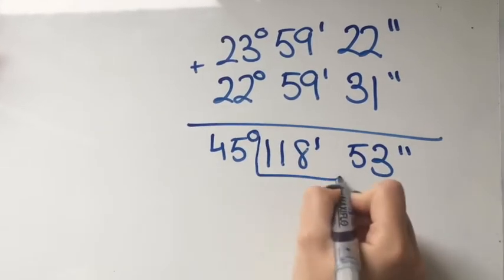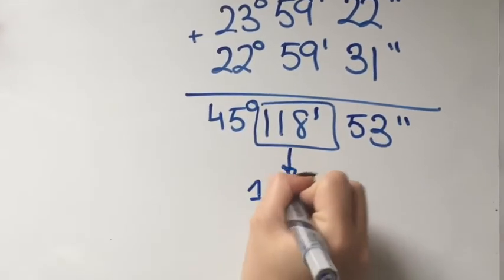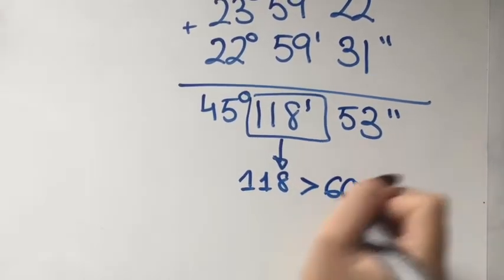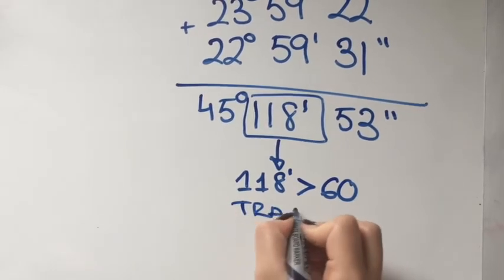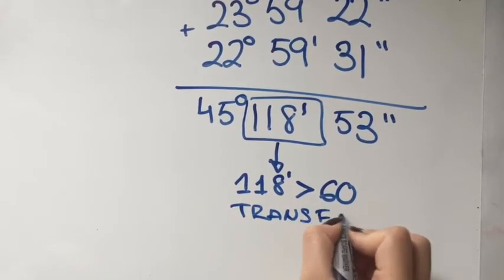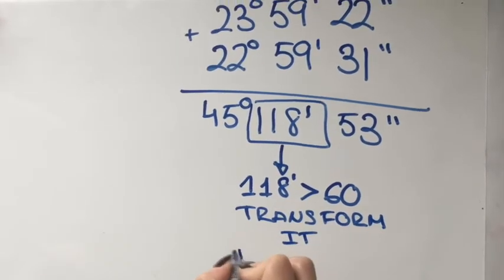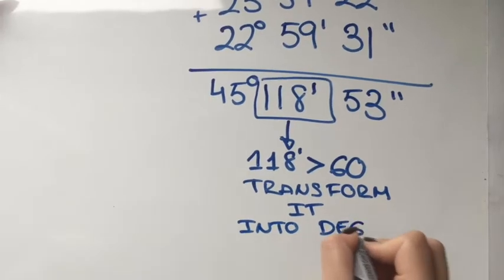Now we are going to see what happens when we get a result which is bigger than 60. As you can see, 180 is bigger than 60. So we will have to transform the minutes into degrees to see how many degrees we can make with the amount of minutes that we have. Because as we know, 1 degree equals 60 minutes.